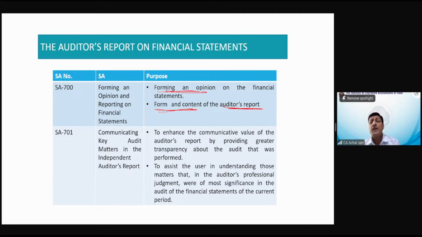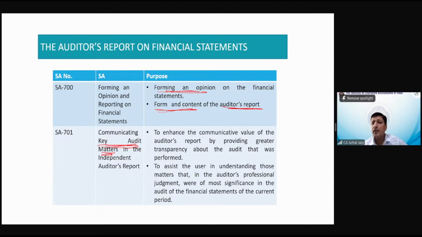Okay, then in relation to the audit report, there is a specific section which is called key audit matters. So we'll talk about it. I'm talking about a specific section, meaning a part of the audit report, which requires certain matters to be reported by the auditor, for which there is a separate auditing standard.